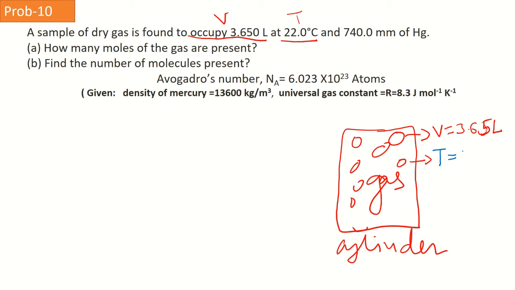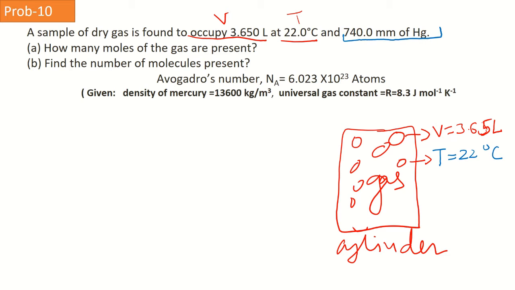This is 22 degrees centigrade, and 740 millimeter of mercury. So in this question, this information is very important.